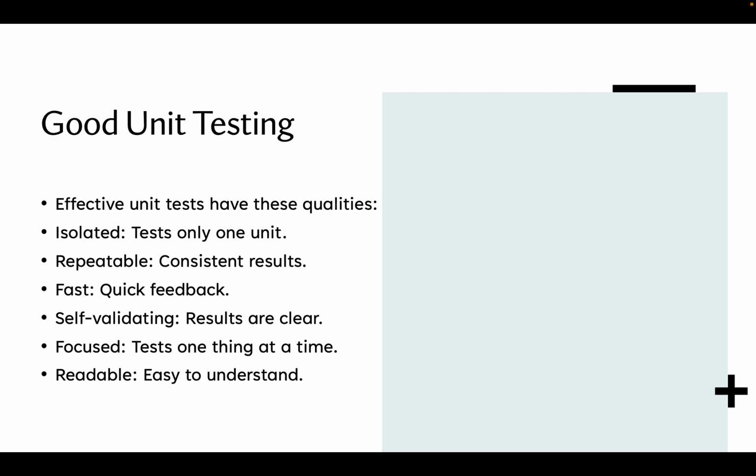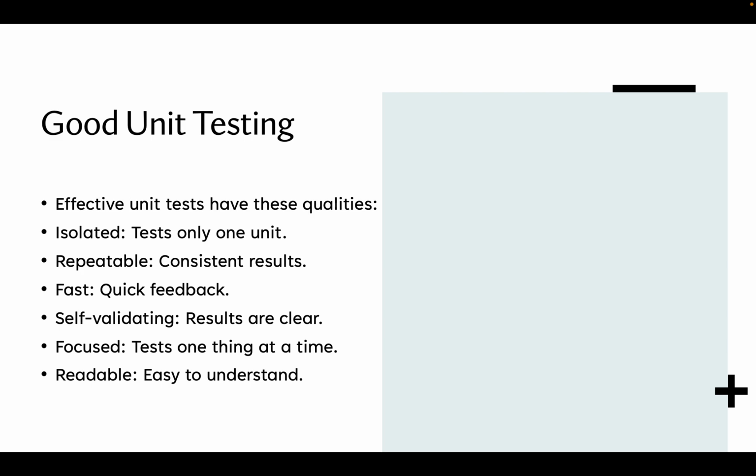So good unit testing practices. Writing a good unit test is an art. So here are some ways to make your tests effective. Isolated tests ensure the tests don't depend on external systems or other parts.